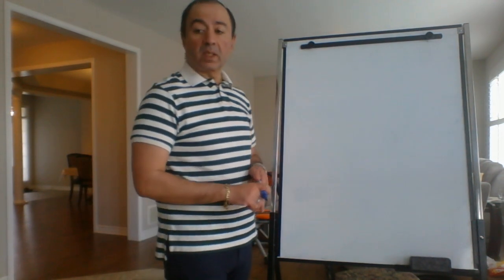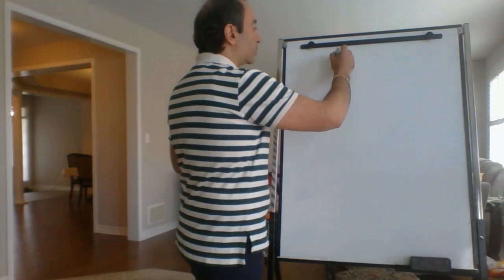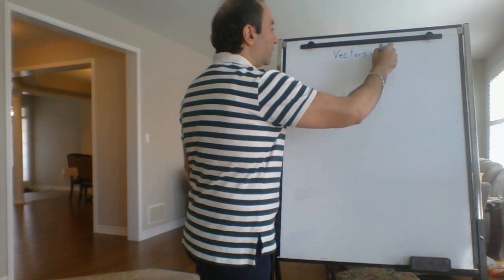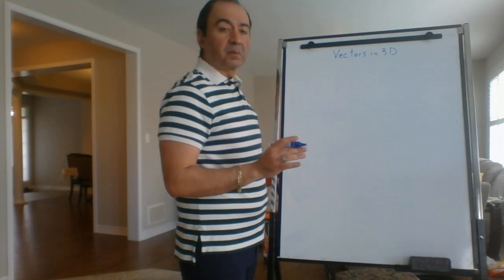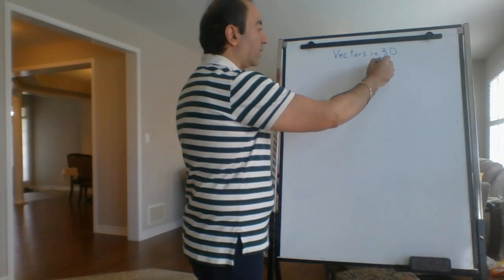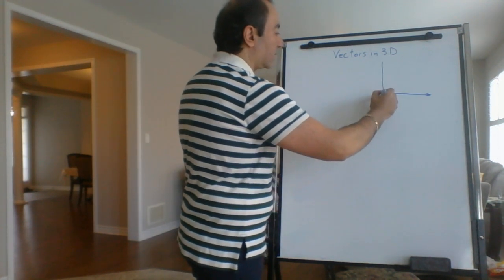Now we are going to represent vectors in 3D. So vectors in 3D is the same exact idea, but instead of having 2 coordinates, we are going to have 3. So we're going to have 3 axes like this.